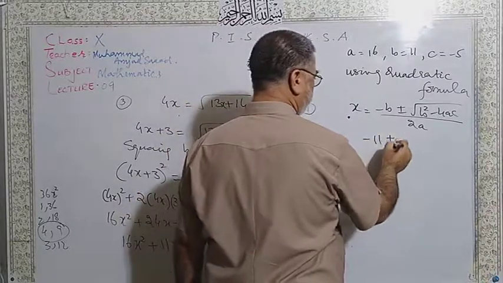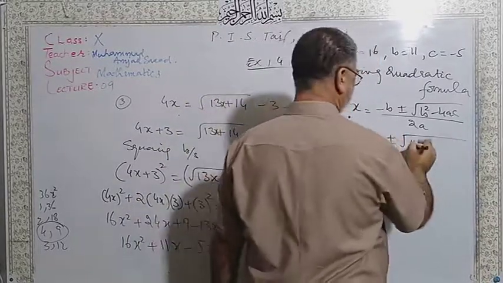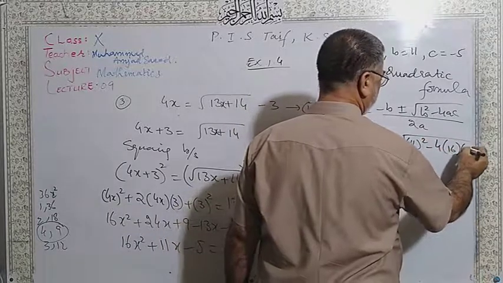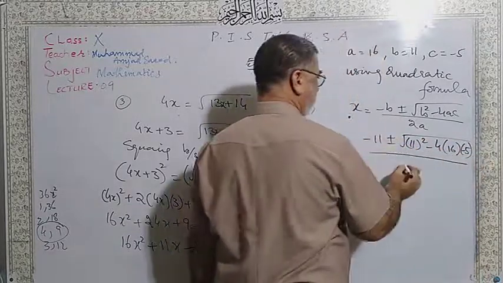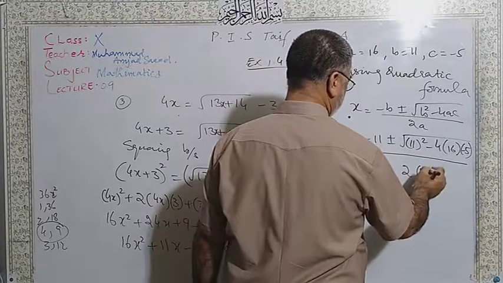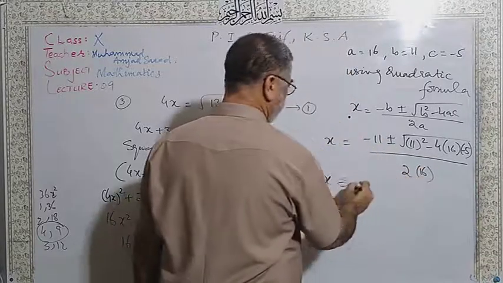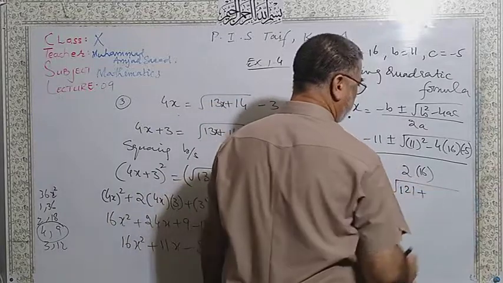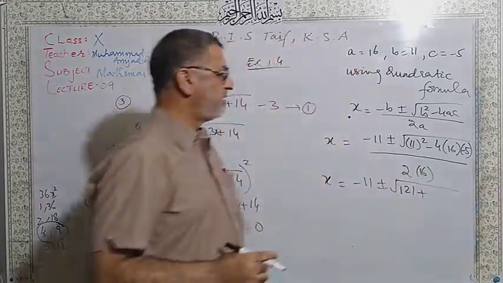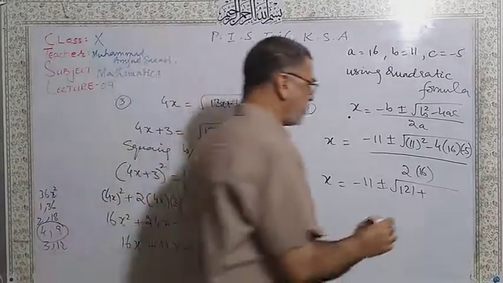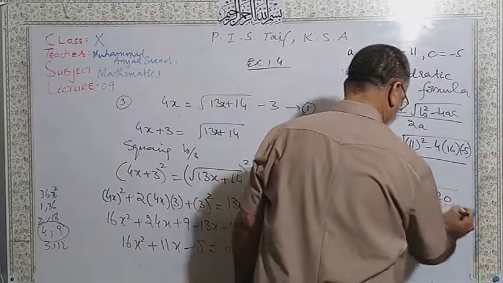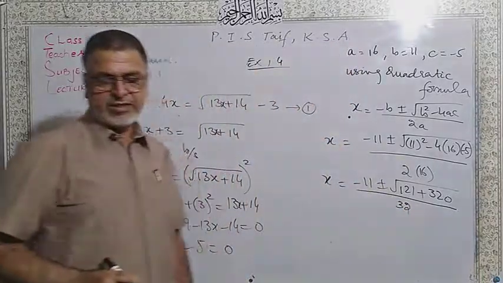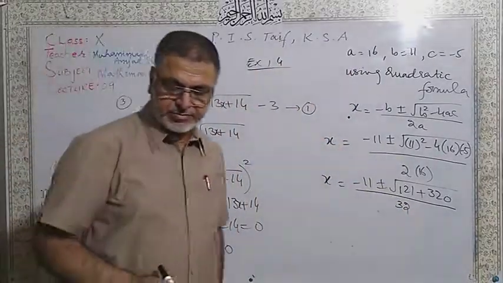So x is equal to minus 11 plus minus the square root of 11 square minus 4 into a into c, over 2 into 16. That is minus 11 plus minus the square root of 121 plus 320, divided by 32.